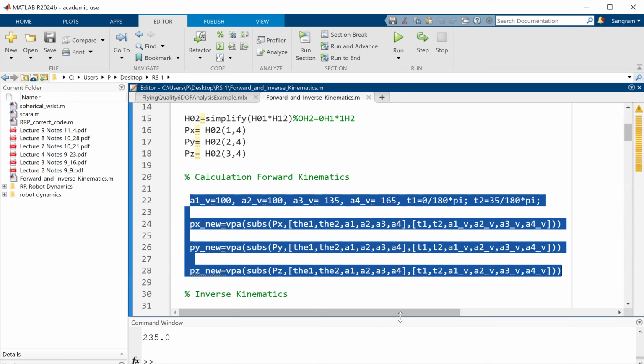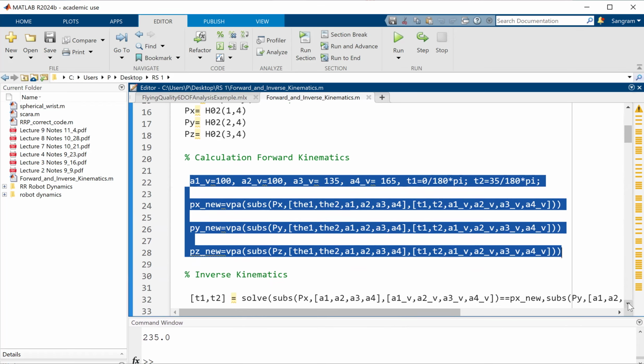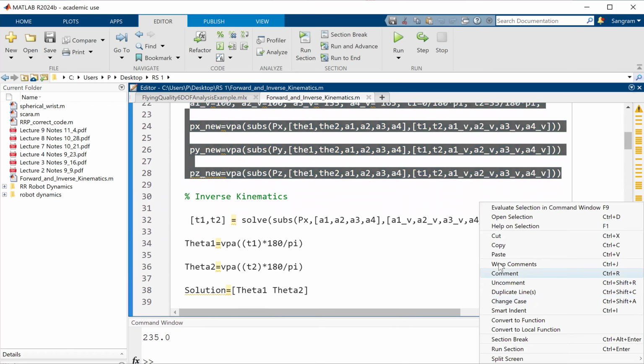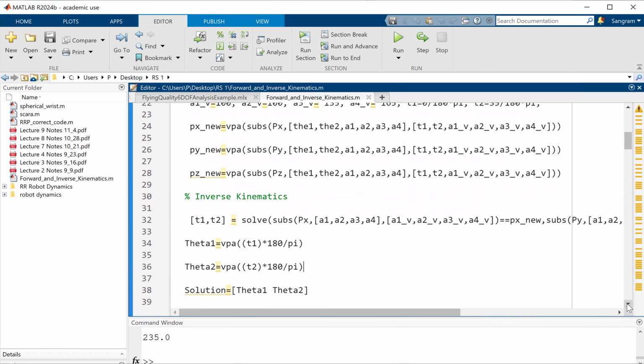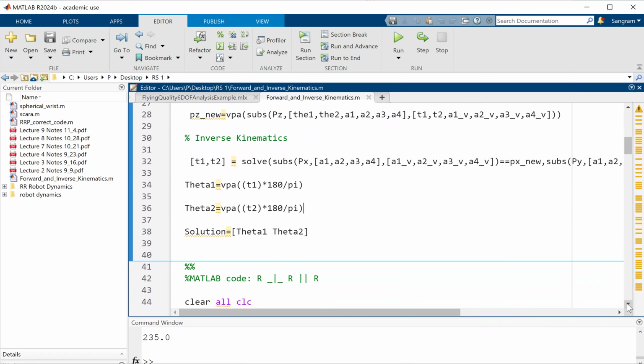If you go down, the next part is inverse kinematics. Please understand, we are studying this entire chapter on inverse kinematics with just one line of MATLAB code. Basically you would use solve, which is a MATLAB function.